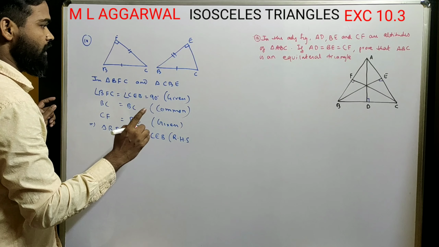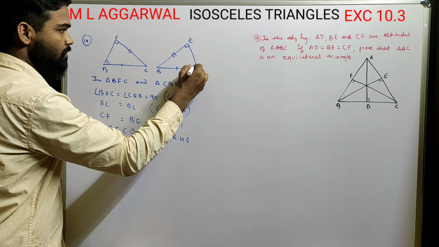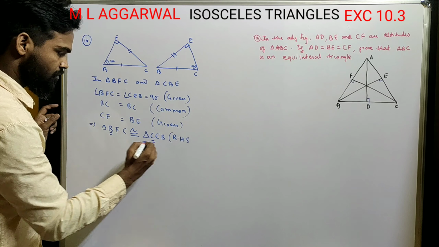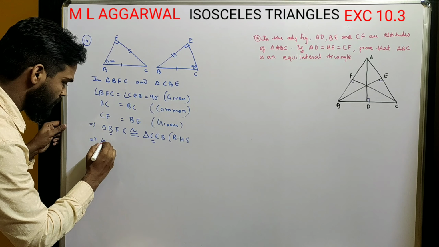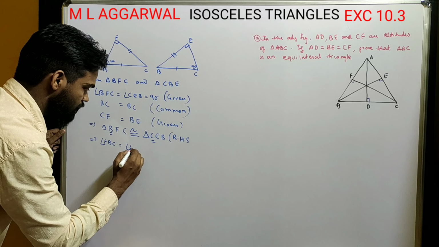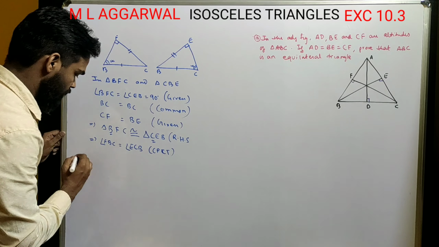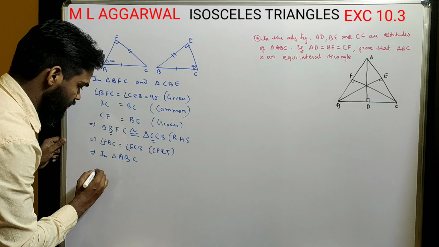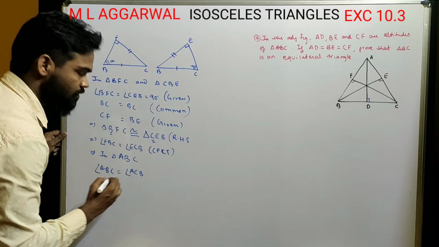Now if they are congruent, then can we tell that angle B and angle C here in these two triangles will be equal, CPCT? Look, so I can say, which implies angle FBC is equal to angle ECB, CPCT, which means in triangle ABC, if you see the larger picture, I can say angle ABC is equal to angle ACB, isn't it?